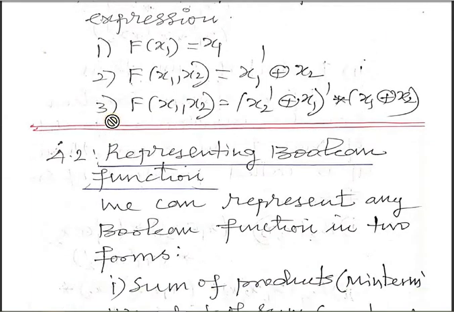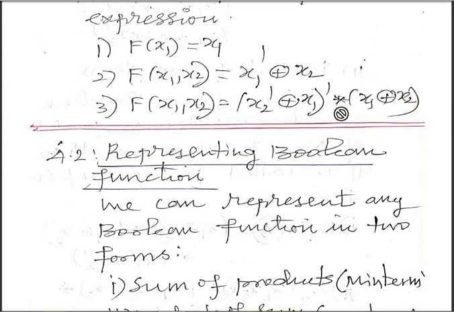The same way, example 3, f(x1, x2), where x1 and x2 are Boolean variables. The right hand side given here, x1 complement joined with x1 inside the bracket, with its complement, is a Boolean expression because it satisfies the conditions. Now look at the second bracket. x1 is a Boolean variable, x2 is a Boolean variable; join these two, again a Boolean expression.